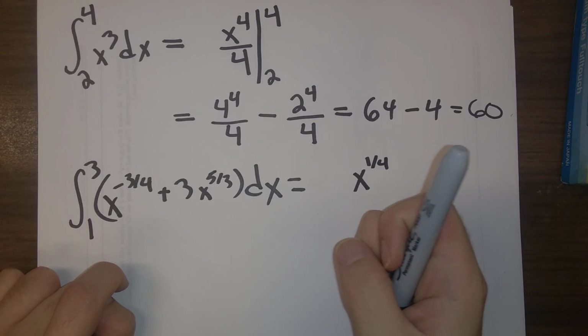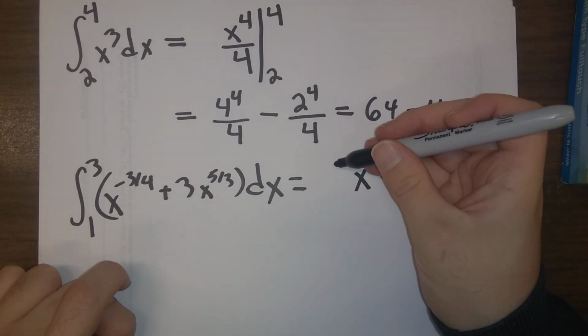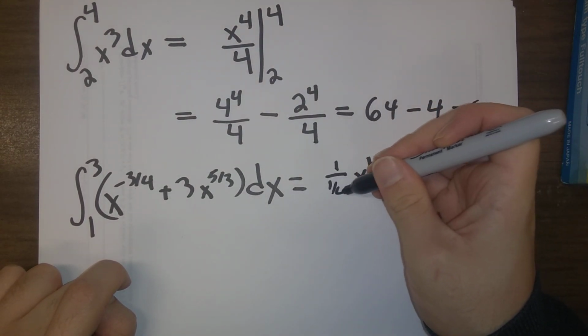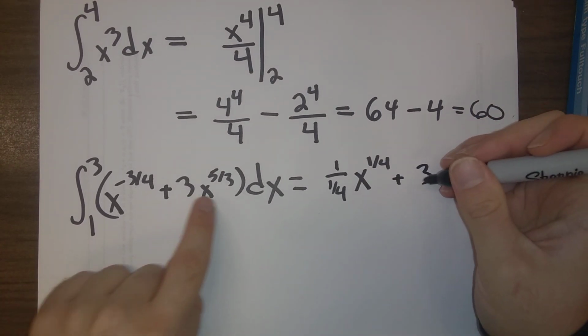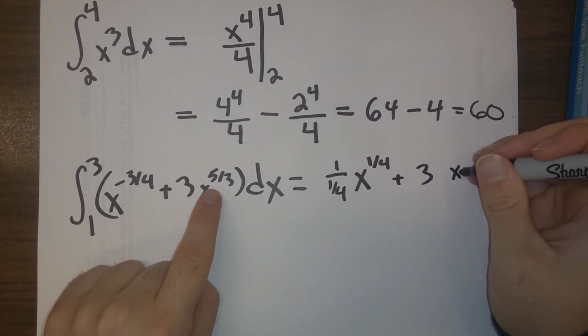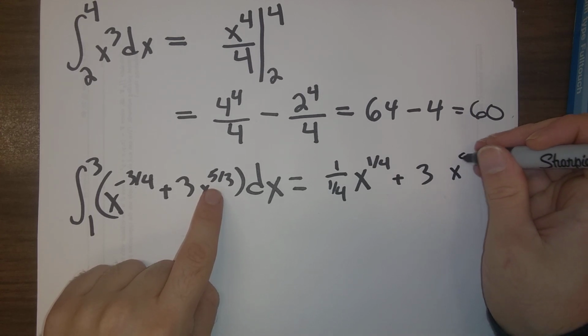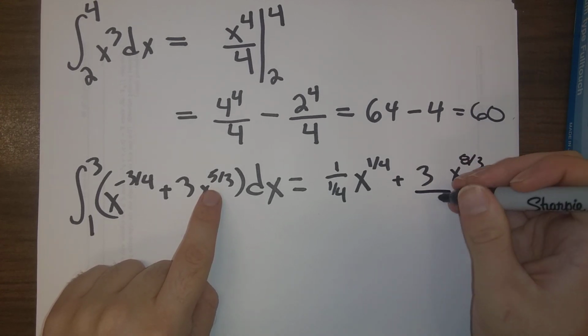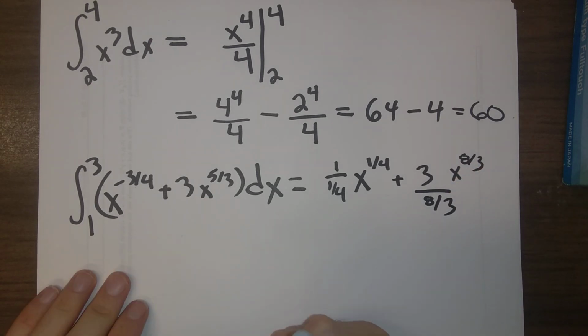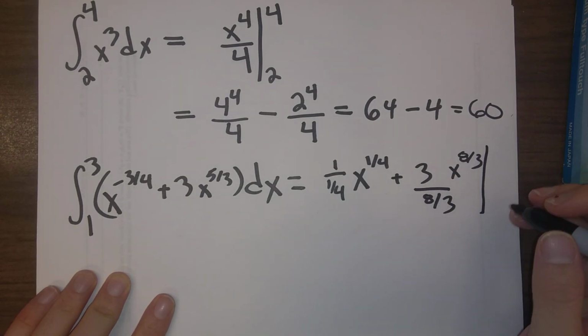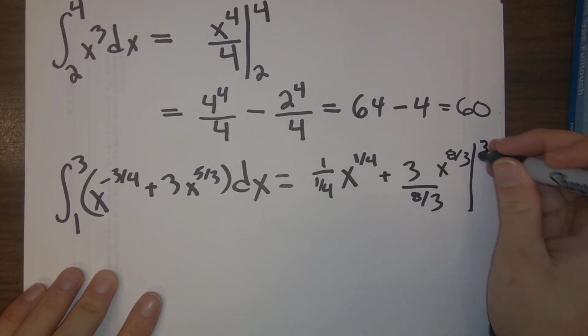Minus 3/4 plus 1 is 1/4. Divide by that exponent. Plus 3 times x to the 5/3 plus 1 is 8/3. Divide by that exponent, divide by 8/3. And we're going to evaluate this between 3 and 1.